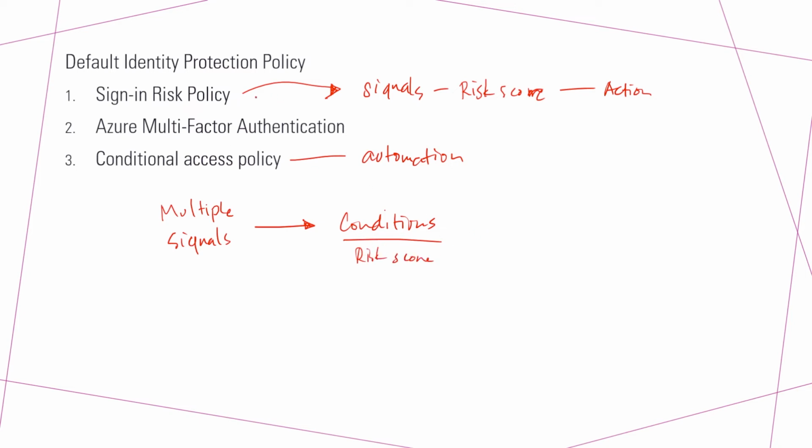If you combine sign-in risk policy, then you enforce a policy. So instead of the administrator taking action manually, it can enforce a policy by itself. It depends on how you are going to set up the conditional access.